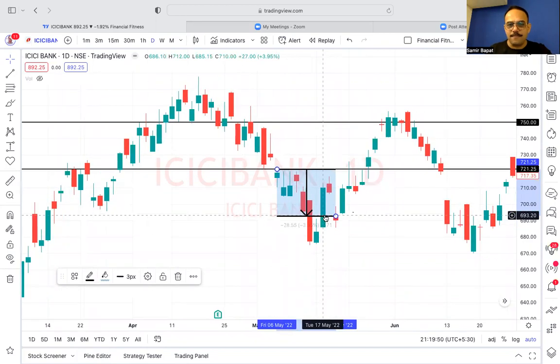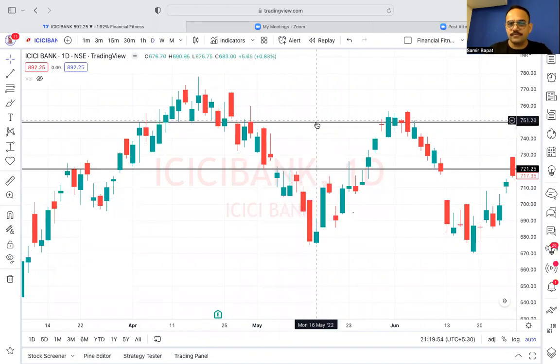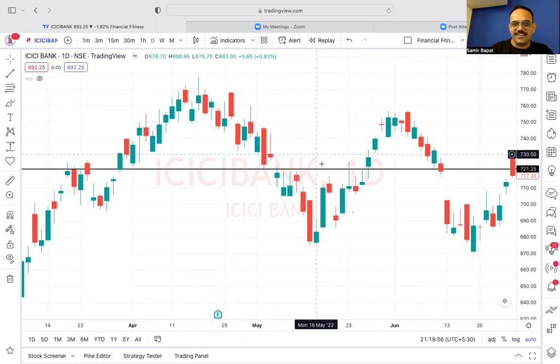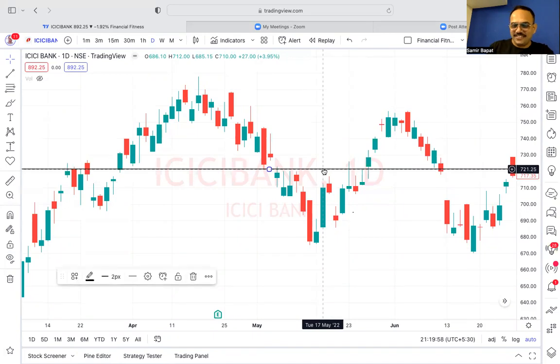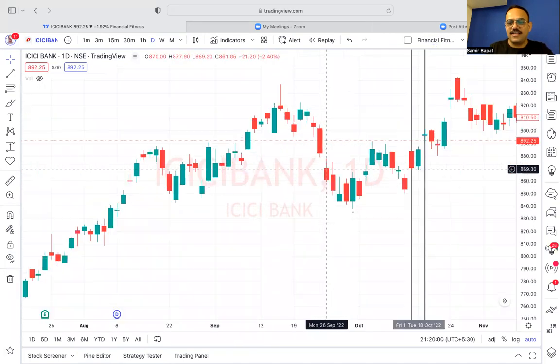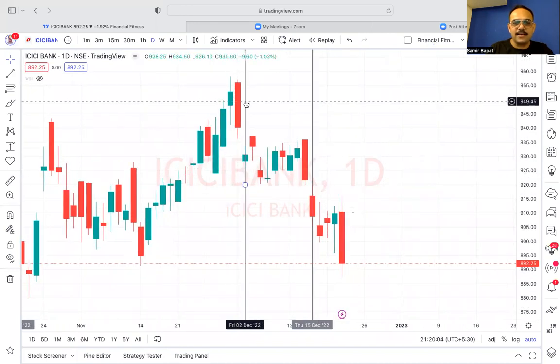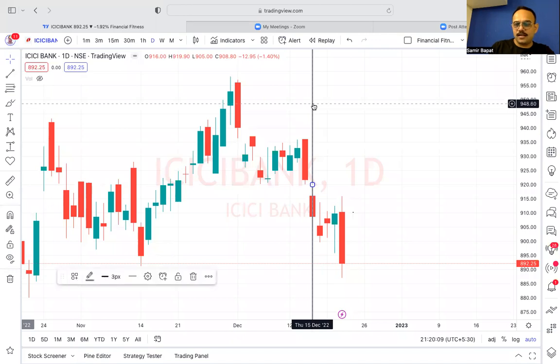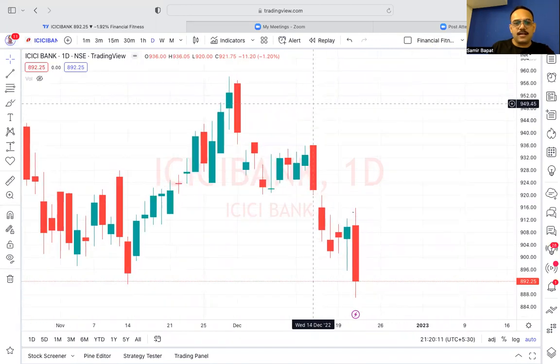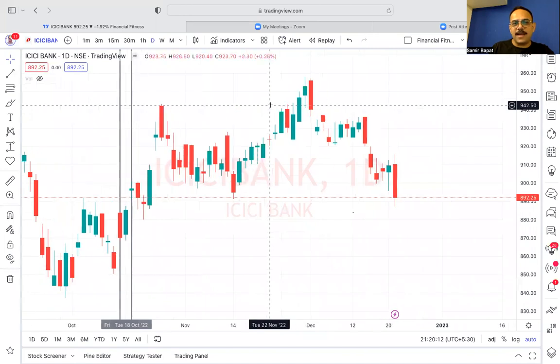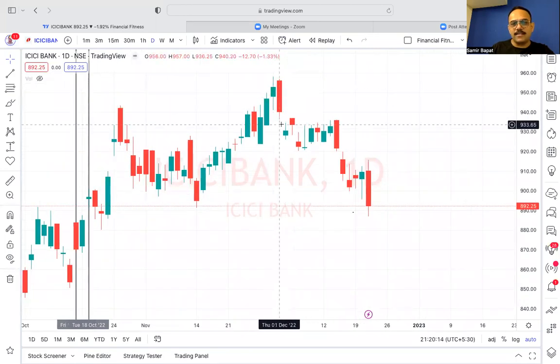Fine, everyone okay? So far so good? Okay, let's see the current status. See, something has happened here. This is ICICI Bank. The price started going down, the first gap down.